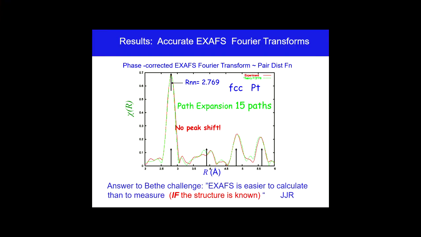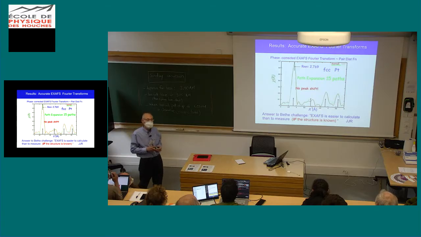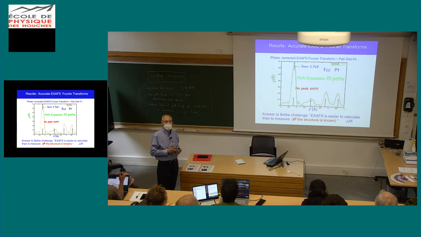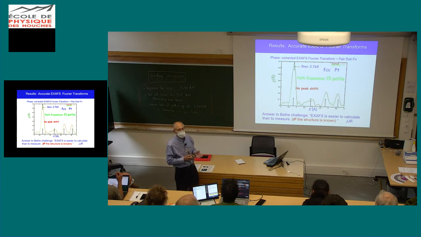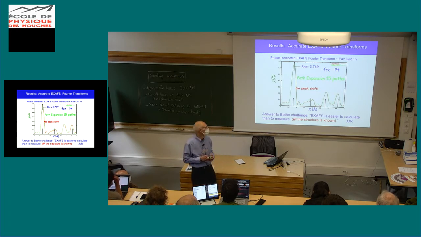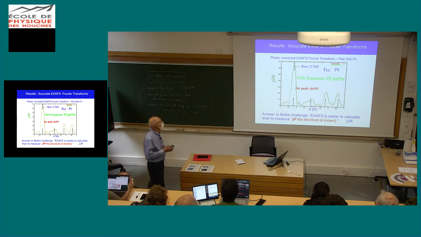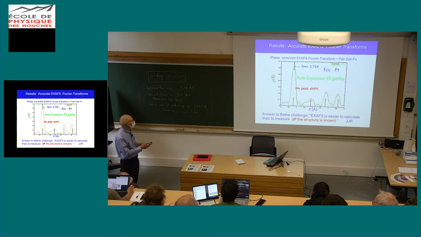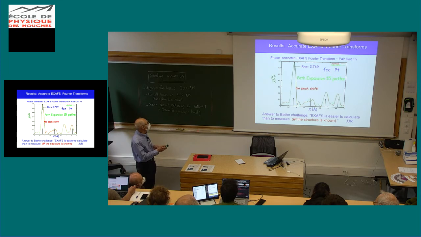Okay, another thing they do in XAS is they take a Fourier transform of that oscillatory structure. And as you can guess, since it goes like the sine of 2kr, the Fourier transform has to have peaks. And it has peaks at the interatomic distances. So that's why this technique is used as like an X-ray microscope. And so this was platinum. I think it was done by us using data from Matt Newville.